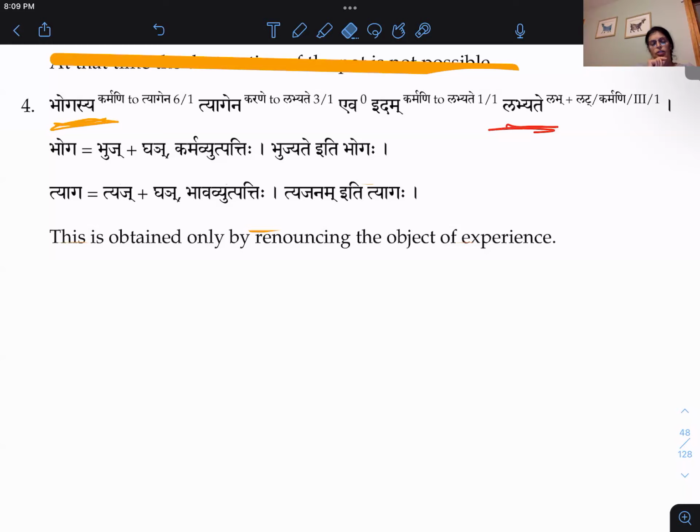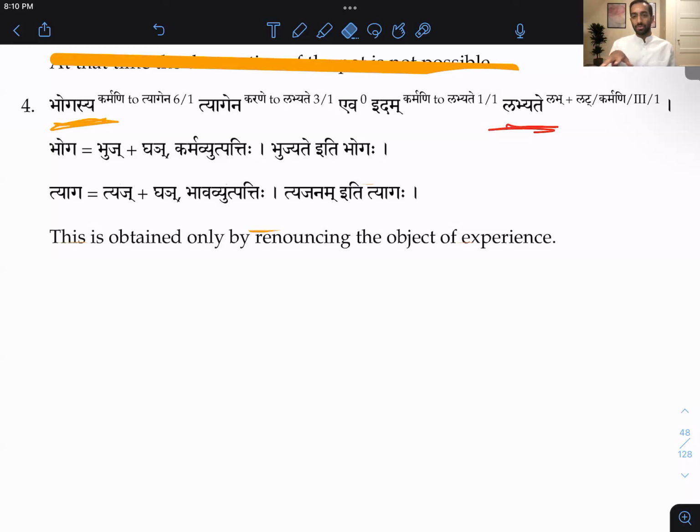The shashti is sambandhe shashti or karmane shashti. Is it associated with any other karakas? So shashti, we usually see in sambandhe in other contexts. Here, in the context of a guna or different kridanta, it can be kartari shashti, karmani shashti also. Here, in this case, it's karmani shashti. It's the object. What are we renouncing?